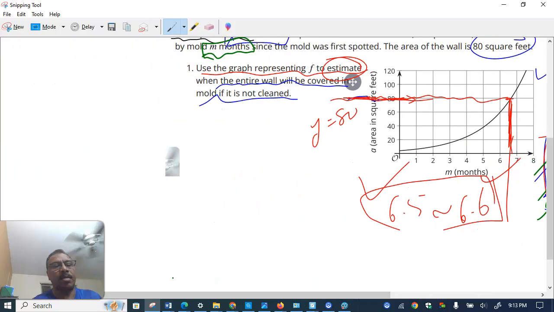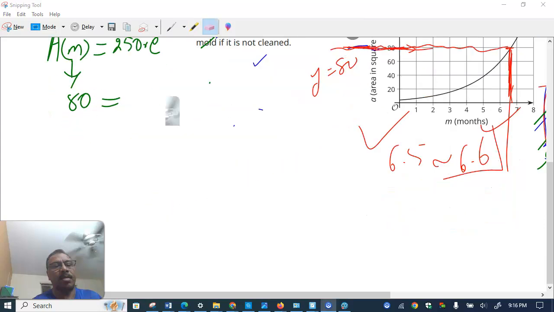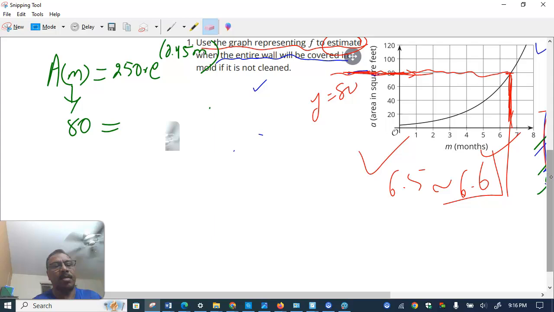Okay, let's put it. So the equation is A of m equals to, yeah, so the equation here is actually, I forgot that's 80, right? So this is 4 here, sorry. So in the beginning it was 4.